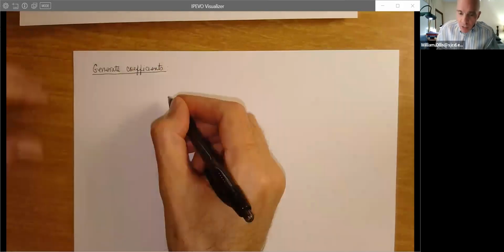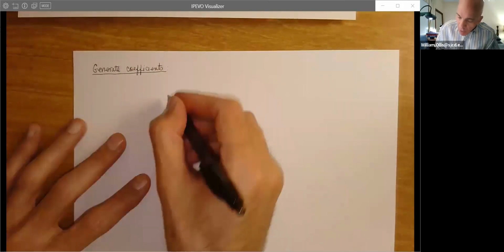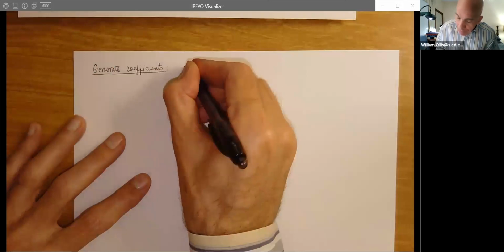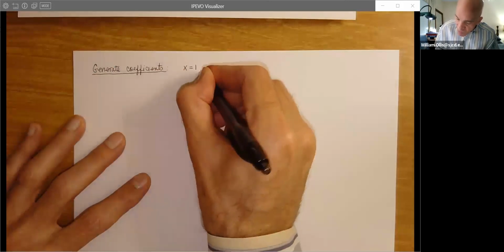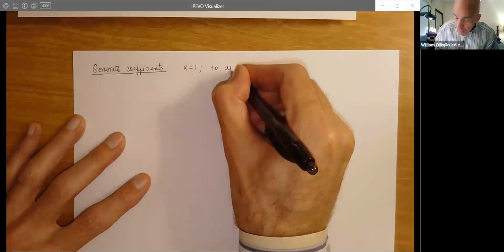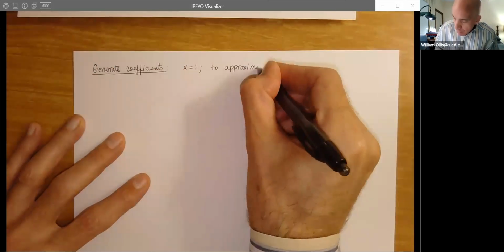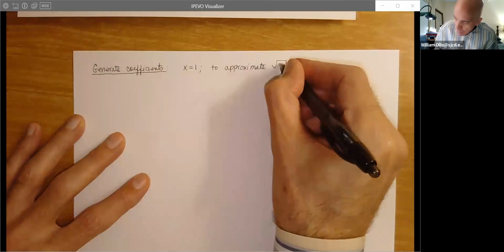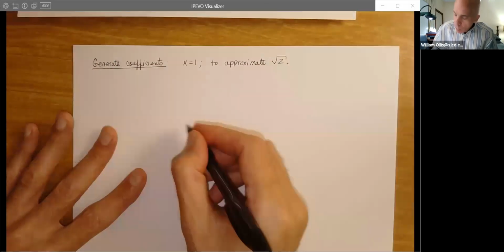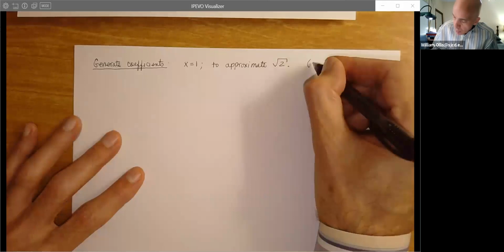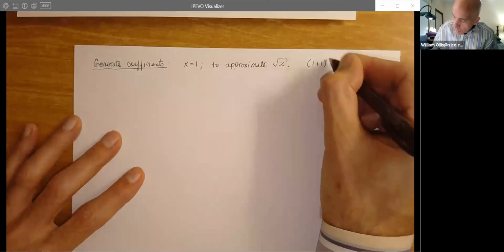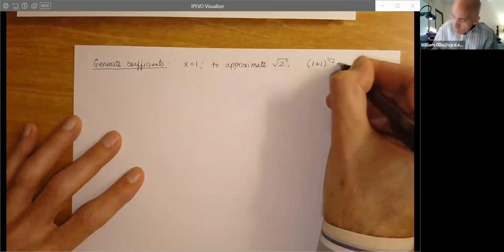So let's do this. So again, say we want x to be equal to 1 to approximate square root of 2, okay? So we would have 1 plus 1 to the 1/2, which is square root 2.